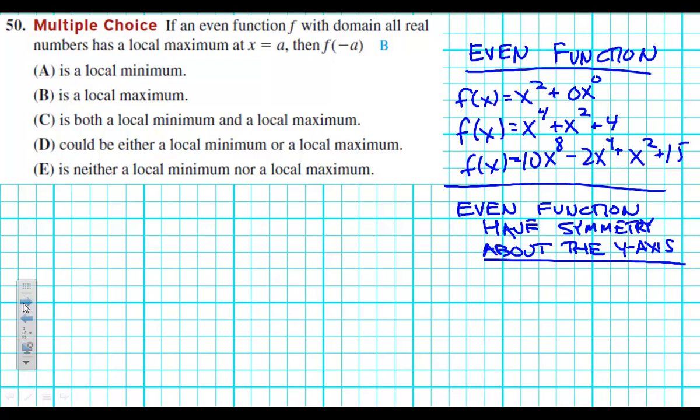On to part 3. Part 3 is the actual definition. Even functions have this property. F of x is equal to f of negative x. Even functions have that property.